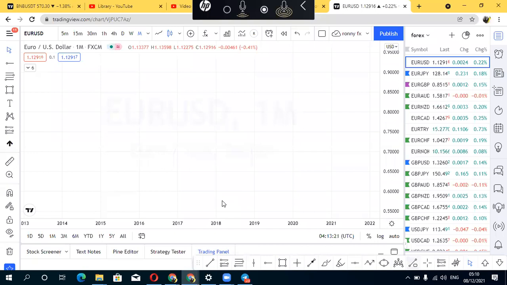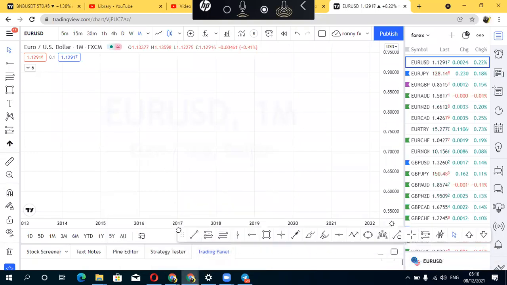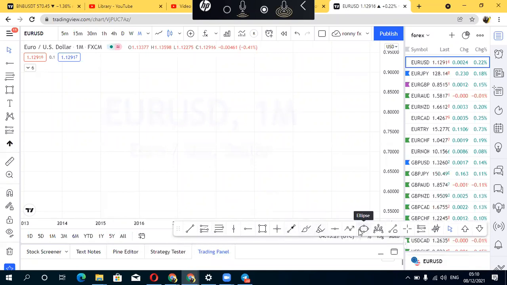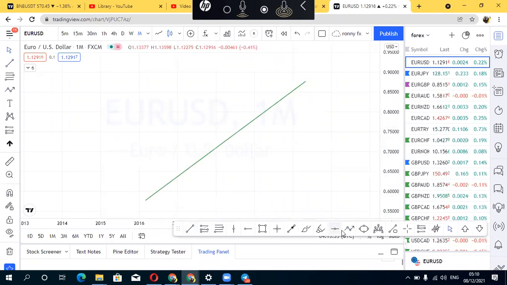Let me show you what I'm talking about. If I'm drawing an uptrend line, for example, I expect to have it on a chart like this, on a line like this. Let's say that this is what the market does.